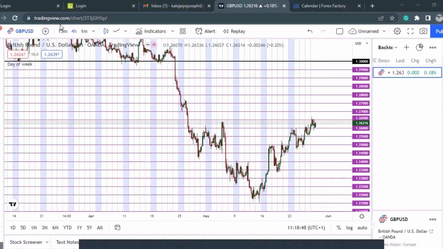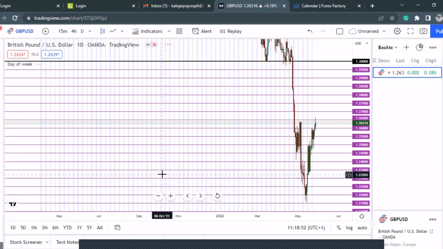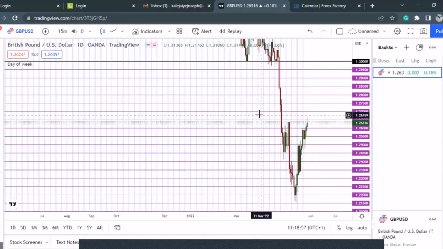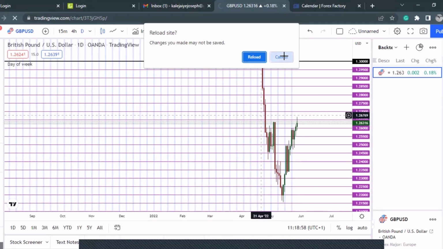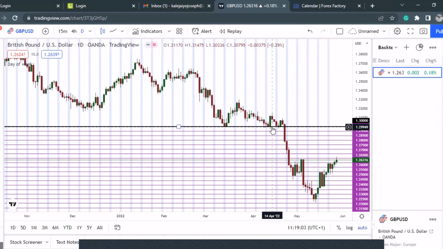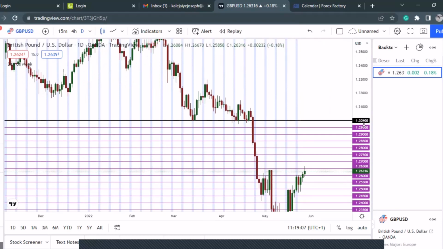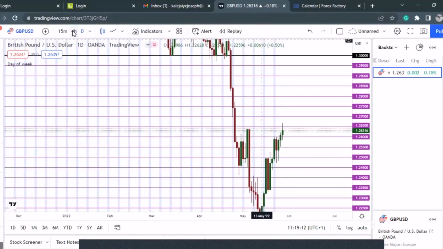All these are naturally sitting as support and resistance, even without having to search for them on your screen. This is on our daily time frame.